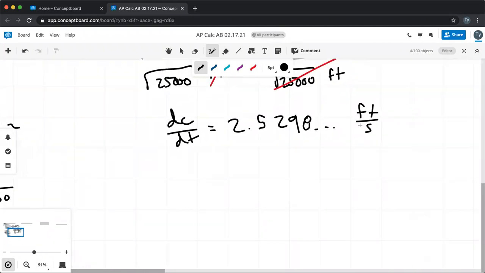So just like we need our units, we also need to interpret this in terms of the problem that we were asked.